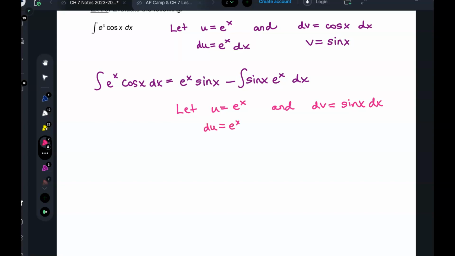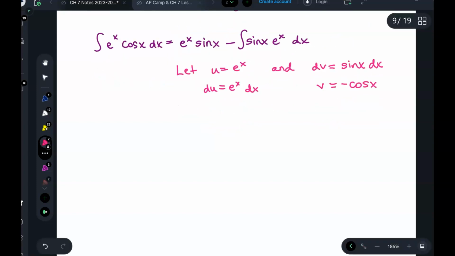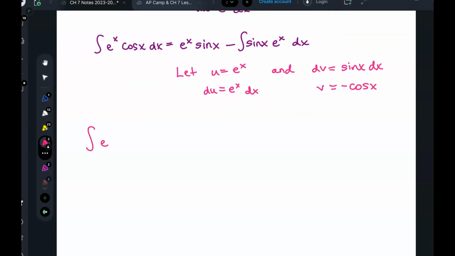So du is e to the x dx, and v this time will be negative cosine. Okay, so the integral of e to the x cosine x dx will be e to the x sine x minus u times v.